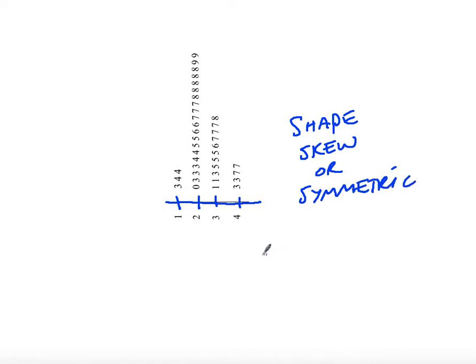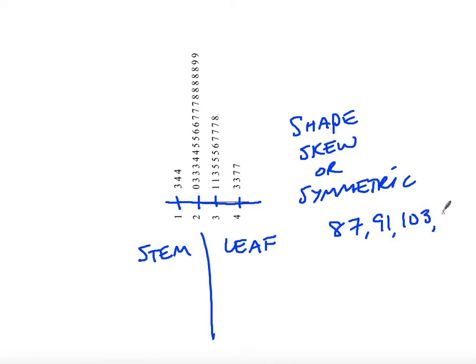What else did I want to tell you about stem and leaf? Your stem always goes on the left and the leaves always go on the right, and the leaf is the final digit. So like let's say I had 87, 91, 103, and 114, for example.